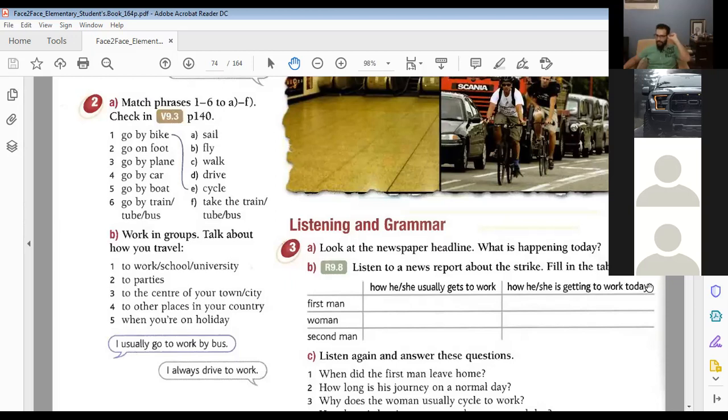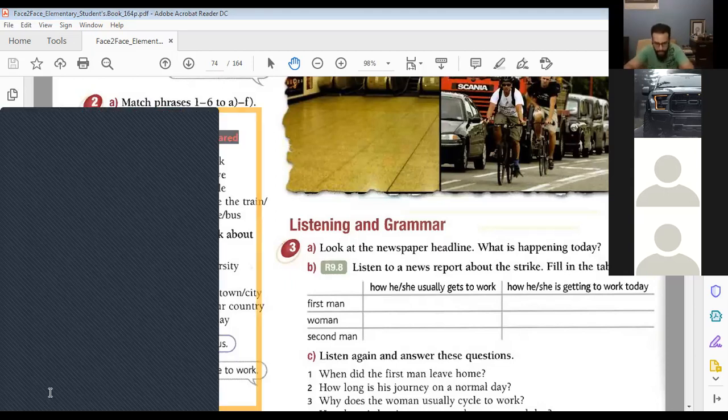So they're going to talk about the difference between how they usually get to work when everything is normal, no strike, and how they're getting to work today, because today there's a strike for 24 hours. No trains, no tube, no bus in London. Okay? All right, now let's listen. Let me take you to the listening.